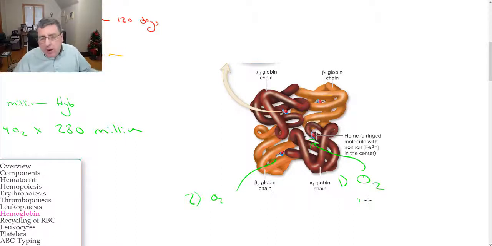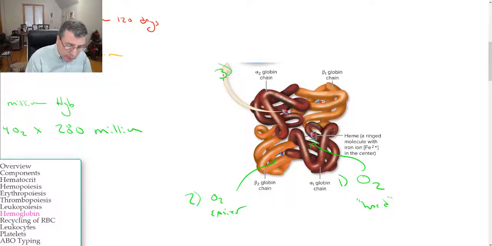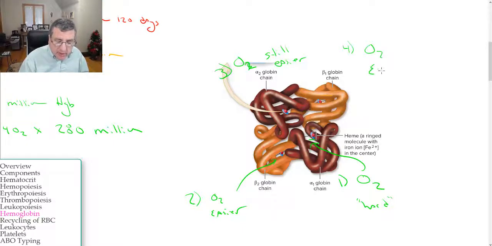It's not hard because these are very weakly bound. Easier to bind. Let's do 3 up here, O2. That's still easier. And the fourth one would then bind easiest. You can tell that I'm an English major.